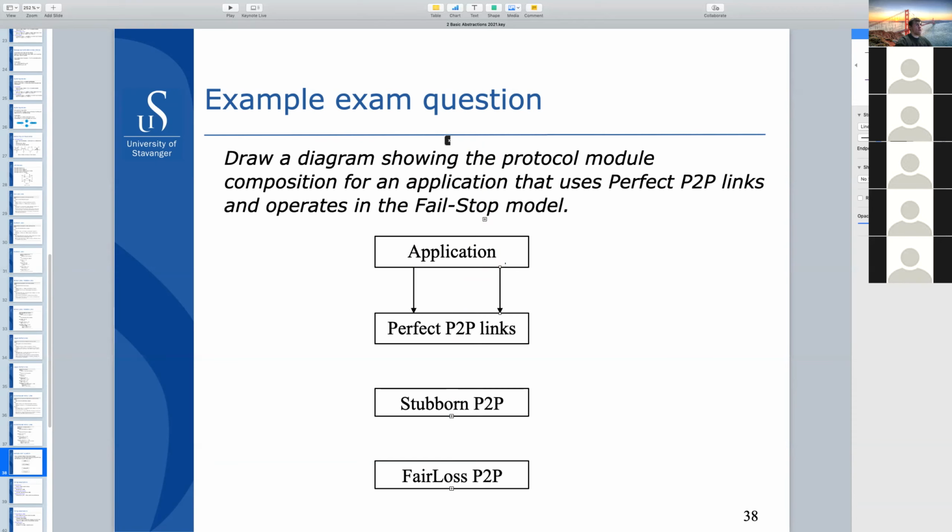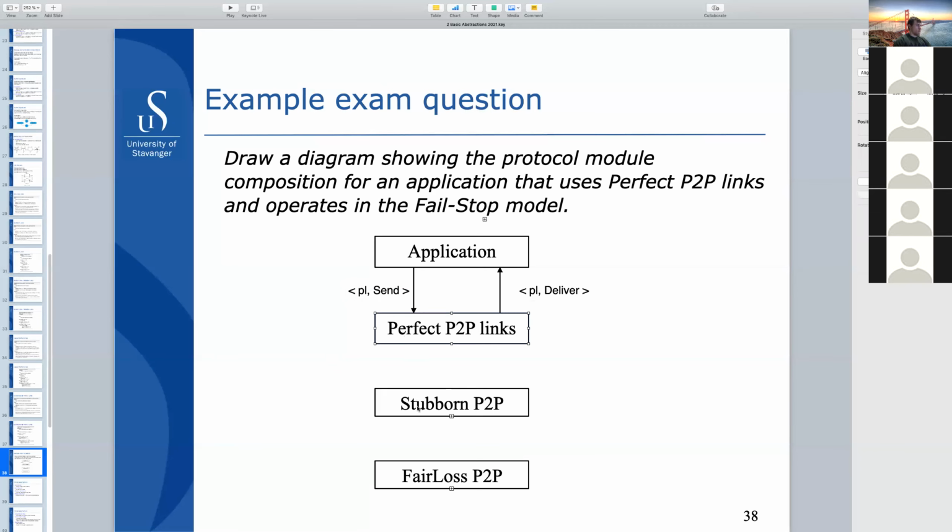So we have one send event that goes from the application down to perfect P2P links, and we have one deliver event that goes the other way. So then we need to just write next to the event what it is. So this is the perfect links send. And for the other side you would put the deliver event.